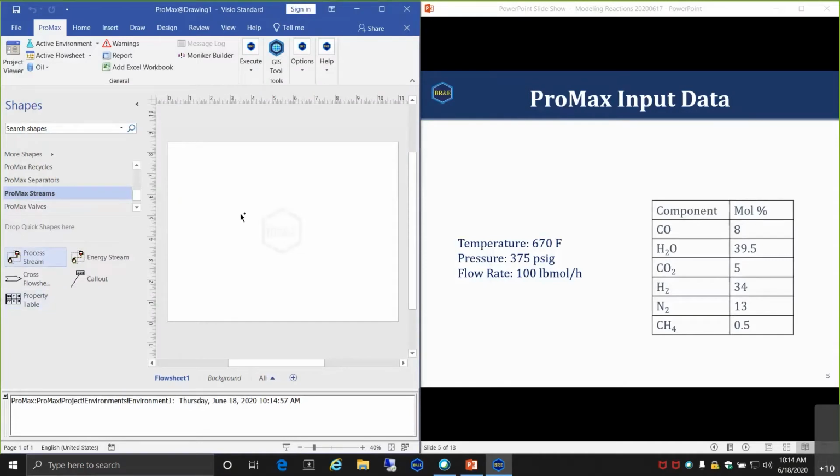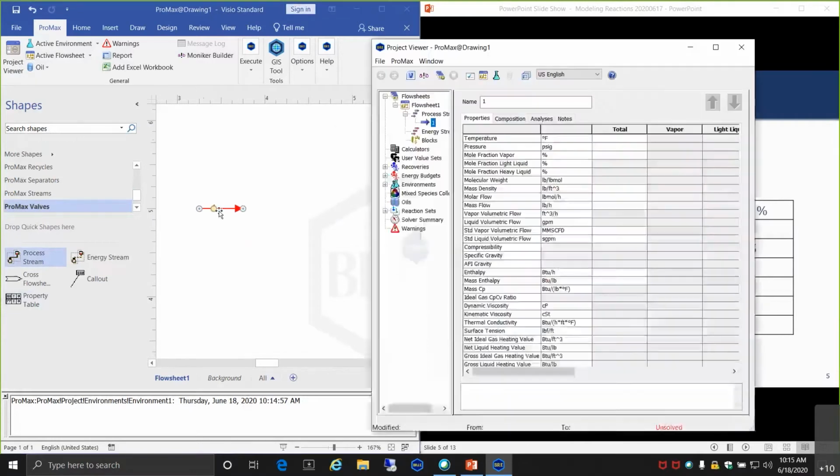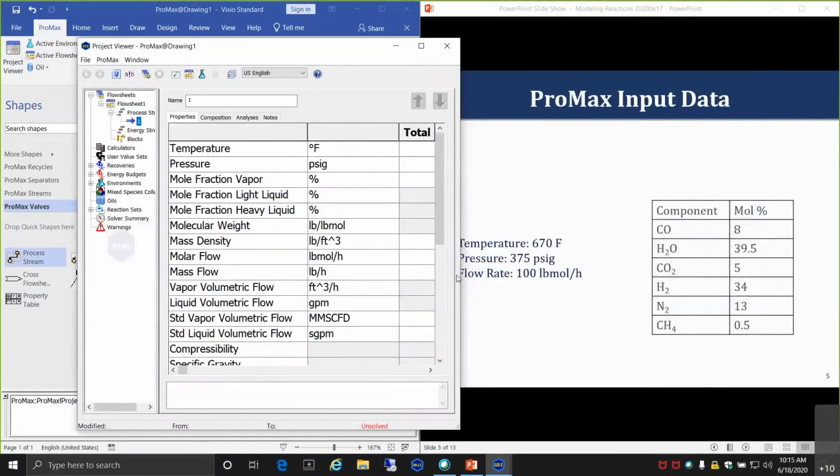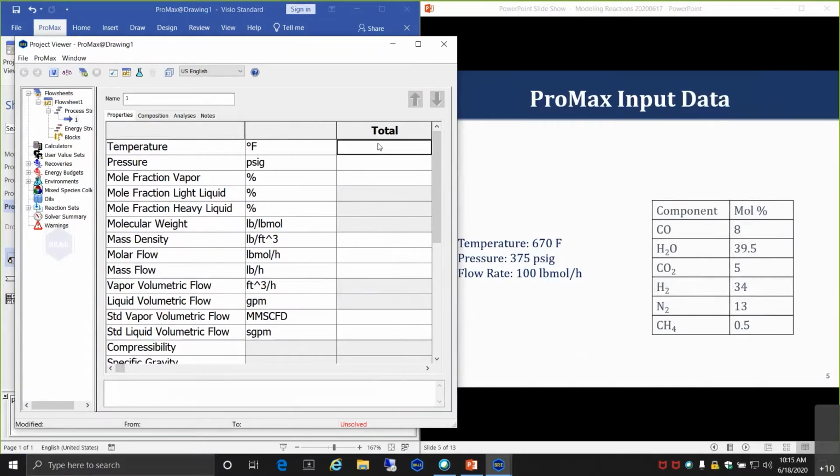Now we'll have our inlet stream. So we're at 670 Fahrenheit. We're at 375 PSIG.